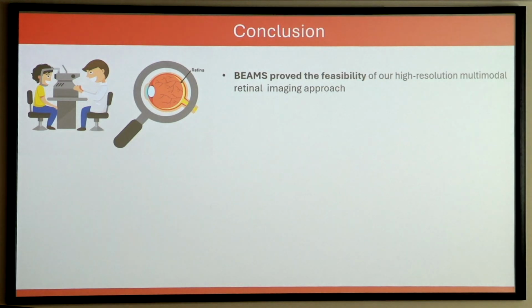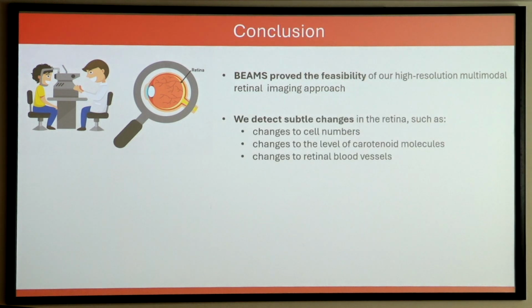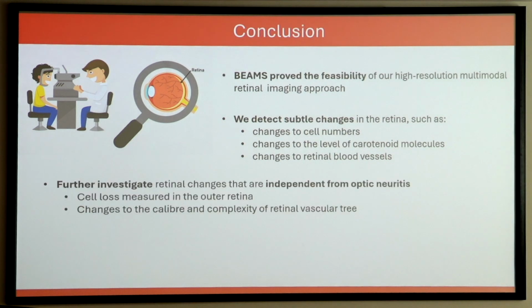And then, just to summarize, what we've found so far is that we not only proved the feasibility of the different novel eye imaging modalities, but also could detect subtle changes that may reflect disease activity independent of relapses or optic neuritis.